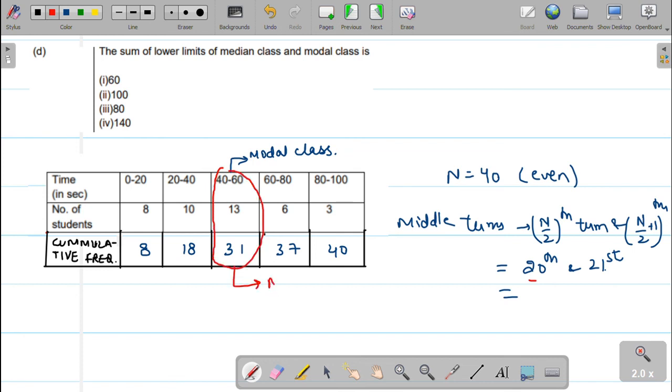So this will be the median class also. Right, so if I write it here, the 20th and 21st term will be lying in 40 to 60. Okay, this is the median class. Now lower limits. The lower limit of both of these is 40. So 40 plus 40, the sum will be 80.